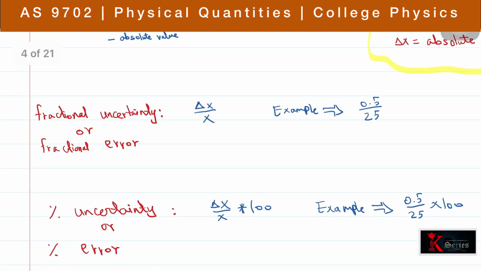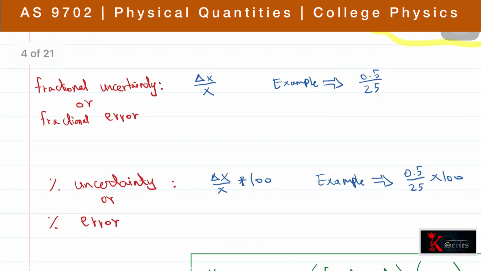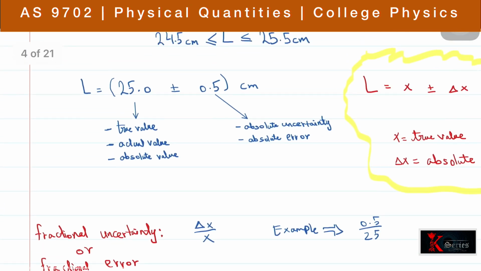Basically, the 0.5 here is the absolute uncertainty and x is the true value or the absolute value. So, in order to find the fractional uncertainty, it is always the absolute uncertainty upon the true value, since we took 0.5, which was the absolute uncertainty, upon 25, which was the true value. So this is how we find the fractional uncertainty or fractional error.